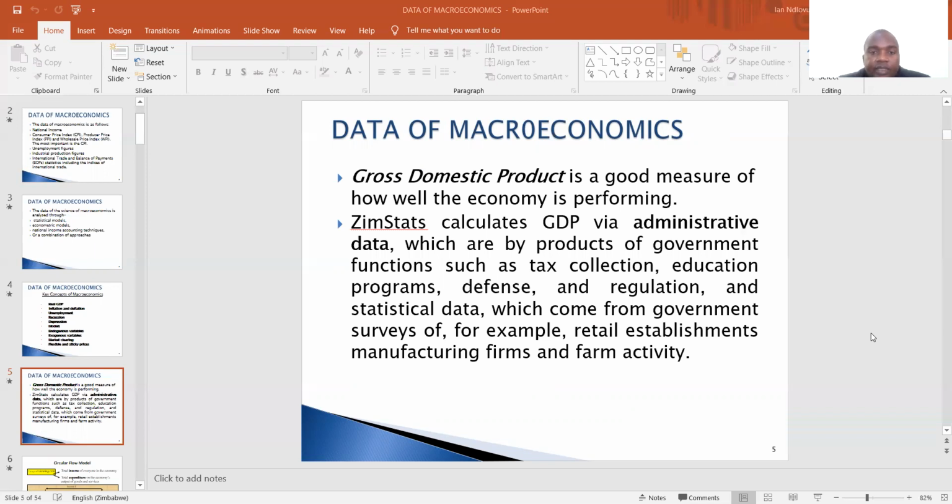In Zimbabwe, a parastatal of government called Zimstat calculates GDP via administrative data, which are products of government functions such as tax collection, education programs, defense and regulation, and statistical data which comes from surveys of, for example, retail establishments, manufacturing firms, and farm activity.